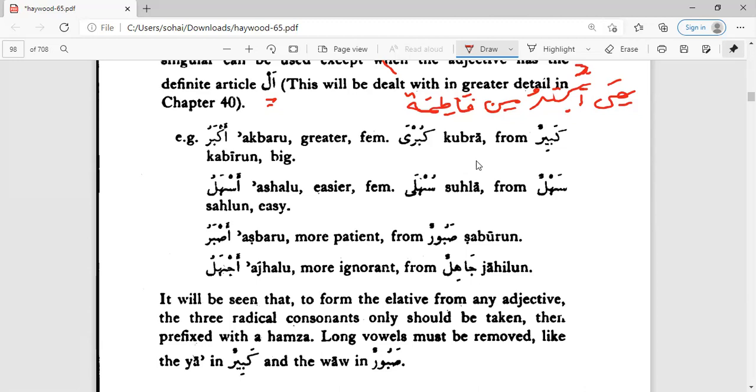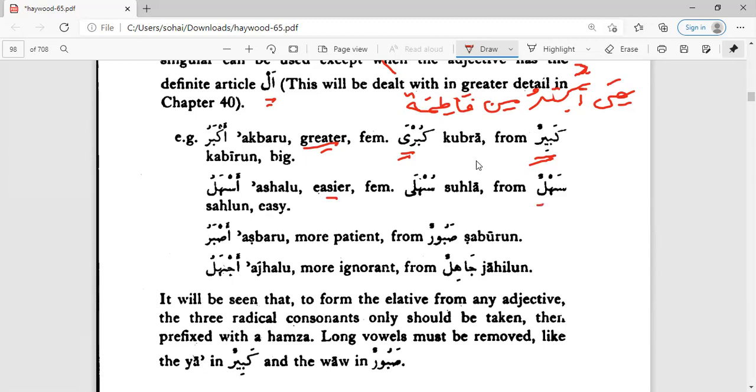Okay. So Akbaru is masculine, Kubra is feminine. It comes from Kabirun. Kabirun, big, right? Kubra means the biggest, or the bigger than. Akbaru means the same. Ashalu means easier, right? Greater, easier. The feminine is Suhla, Fu'la, right?